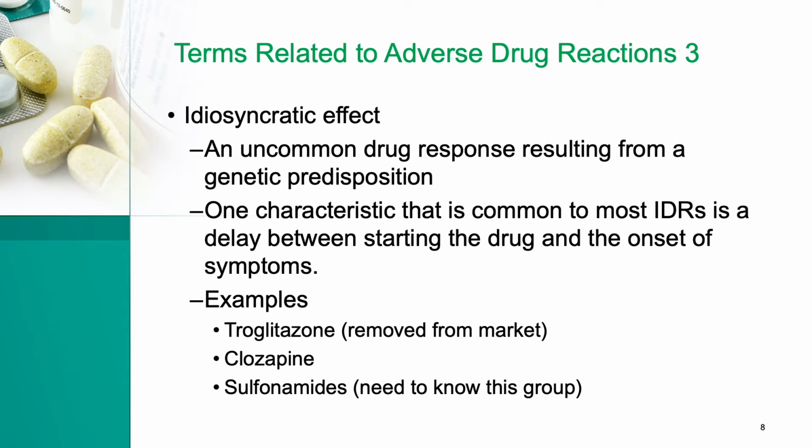Examples of idiosyncratic drug reactions are troglitazone-induced liver failure, often leading to death or liver transplant, clozapine-induced agranulocytosis, which is an essential type of white blood cell that suddenly disappears, making the patient susceptible to infection, and sulfonamide-induced toxic epidermal necrolysis, a very severe skin rash, much like a thermal burn, and treated in a burn unit.